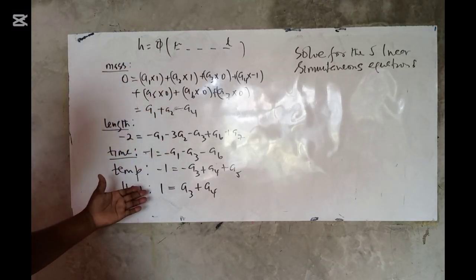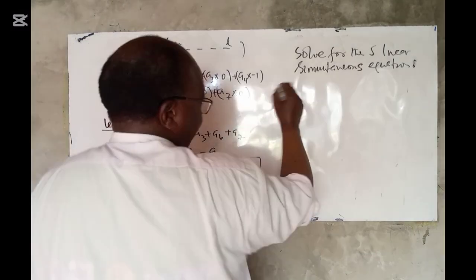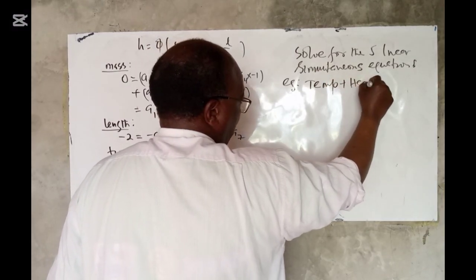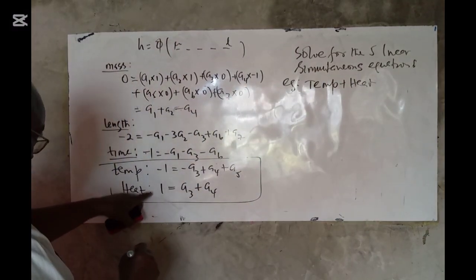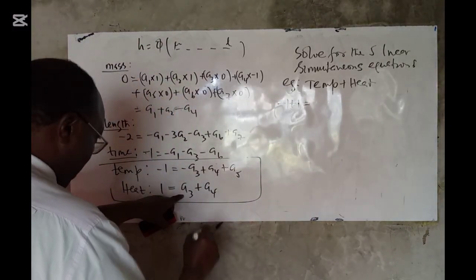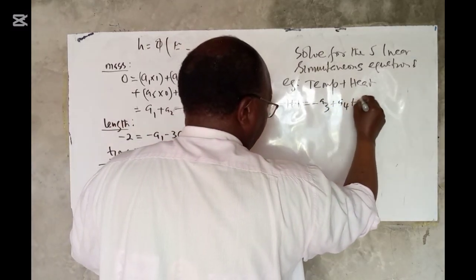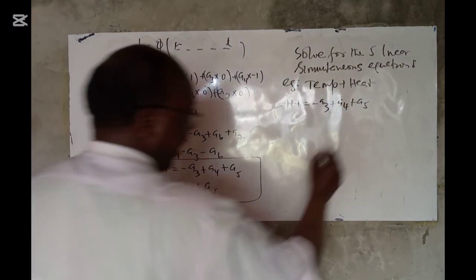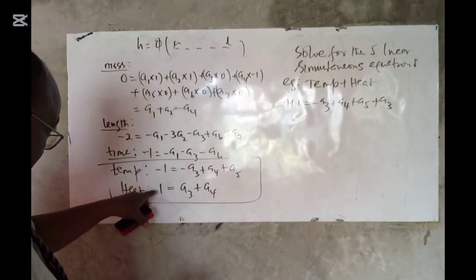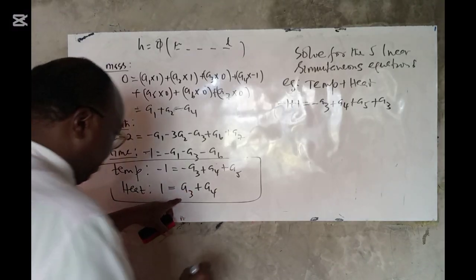For example, one which is very fast to work with is to add the temperature plus heat expressions. It becomes minus 1 plus 1 plus 1 is equal to minus A3 plus A4 plus A5 plus A3 plus A4.